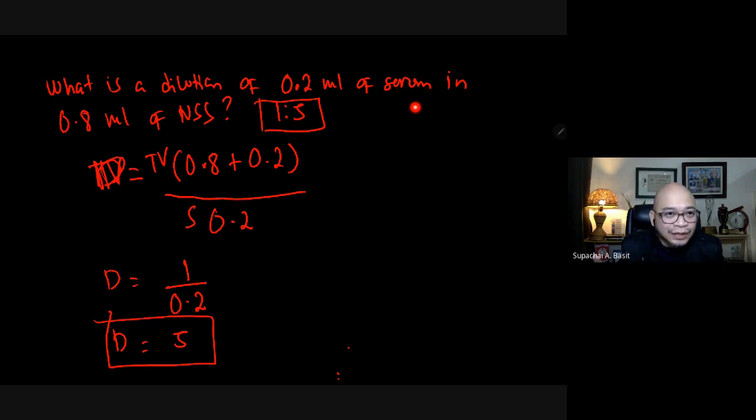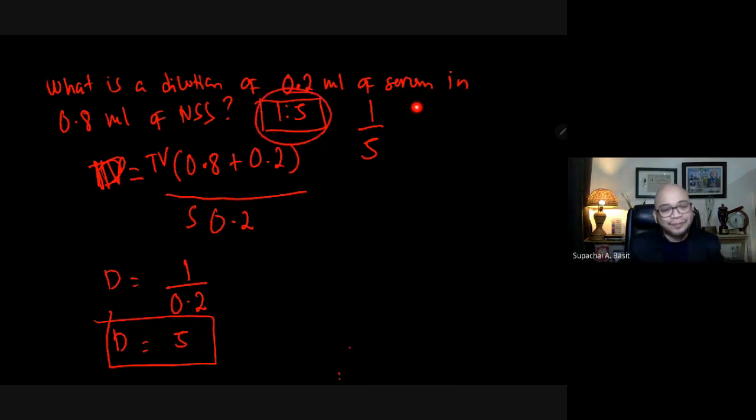Okay, so the dilution is 1:5, or it can be expressed as 1/5. But usually, in serology laboratory, we express it this way, 1:5. So the dilution of 0.2 ml of serum in 0.8 ml of normal saline solution, therefore, is 1:5.